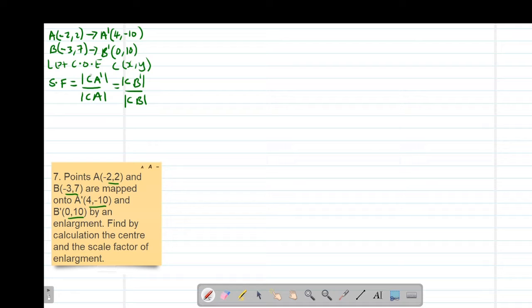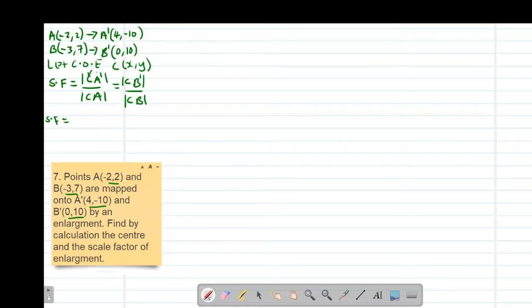Therefore, to find these points, I'm going to substitute the coordinates. The coordinate for point C is x, y. So the scale factor will be equal to x, y subtracted from, if we want to find this particular distance, remember we treat them the way we treat vectors.